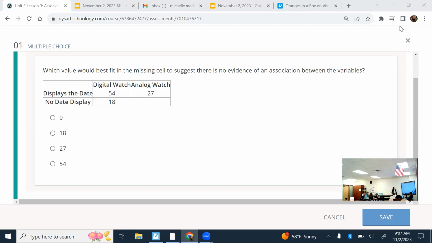Looking at this, when we are comparing different types of watches that display dates or not, if we want to show that there's no relationship between them, let's just plug in numbers and see if we do have options. So if I plug in a 9, does that have a relationship?